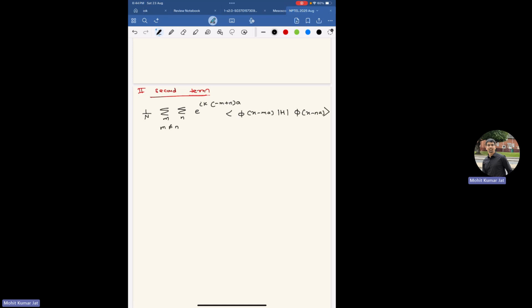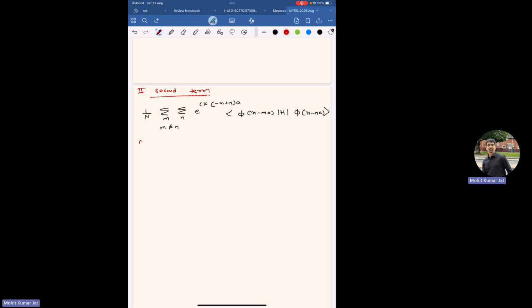Now, in this case, there are these two terms, and phi dies exponentially, right? So del 2 phi by del x square will be proportional to phi. And we know that phi x minus ma and phi x minus na for m not equal to n is 0. So the first term, corresponding to the kinetic energy, goes to 0.